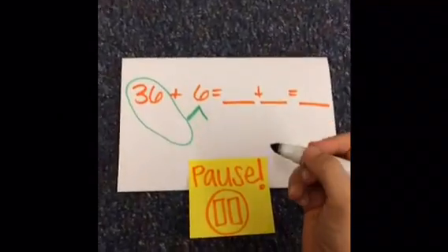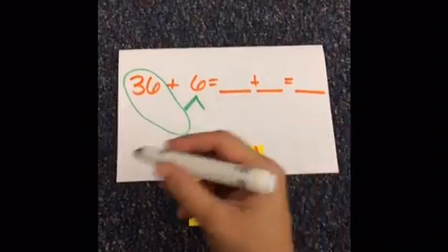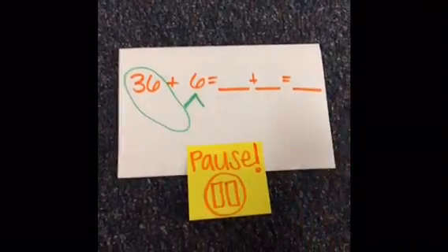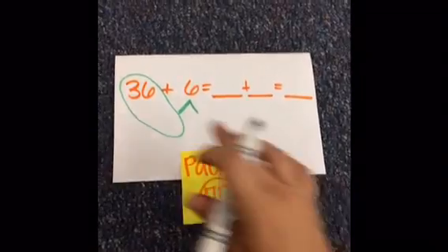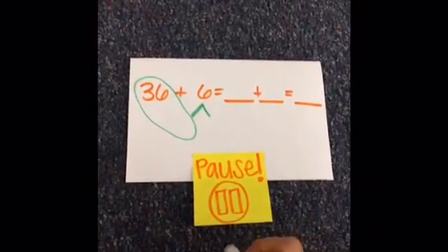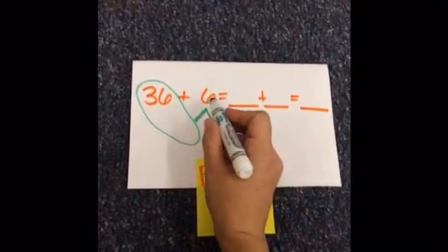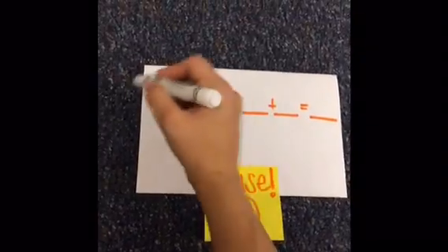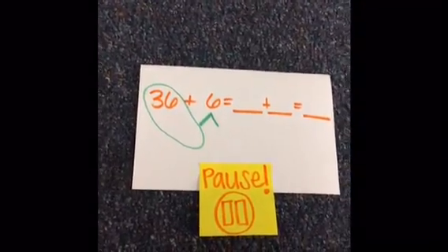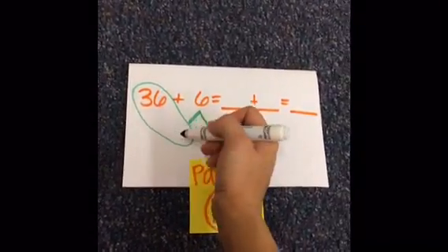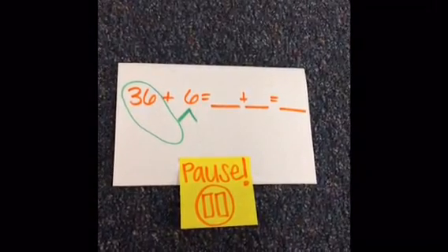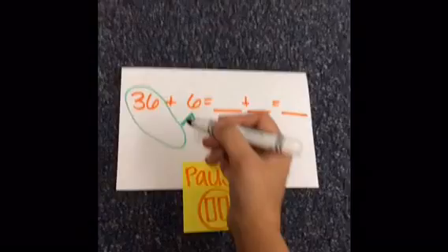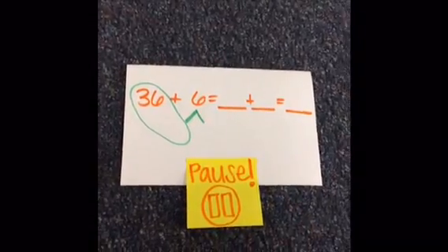Say I'm skip counting again. I'm at 36. I need to know what the next number when counting by sixes is. So I know I need to add another 6. What should I borrow out of this 6 to make my next 10, which would be 40? I'm at 36. How many do I need to borrow or decompose in order to make 40? See if you can write that down before I do.